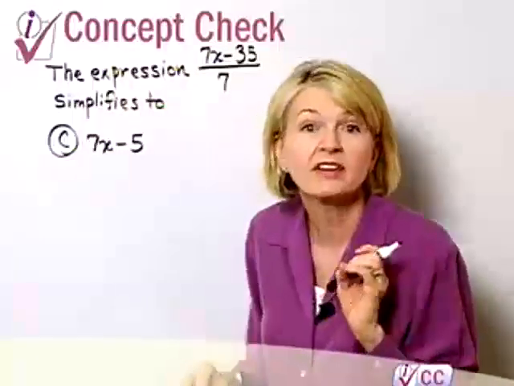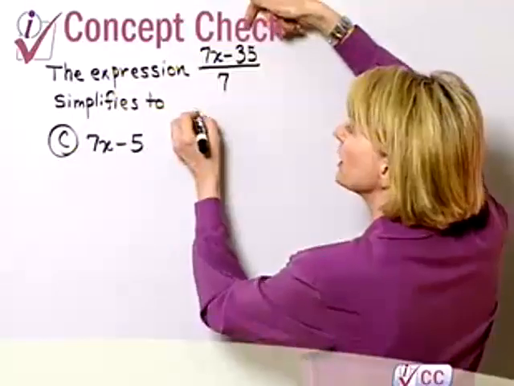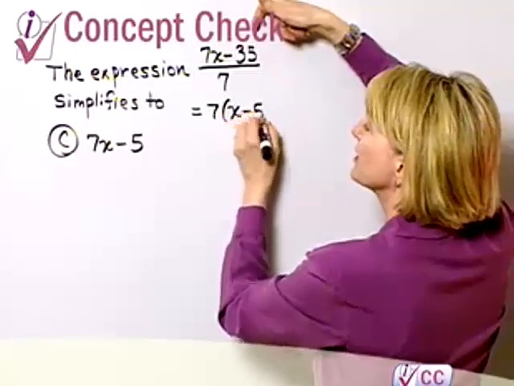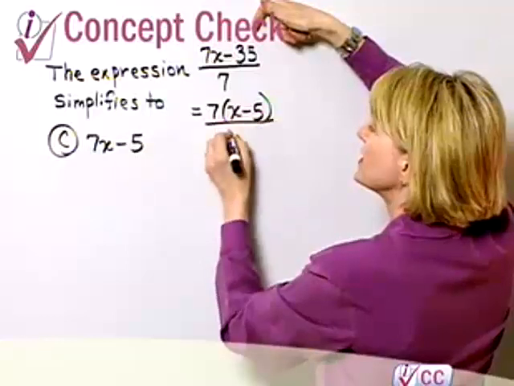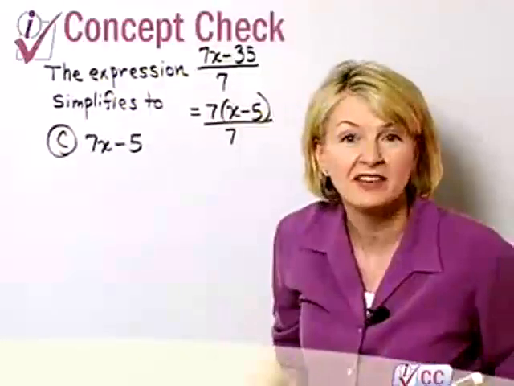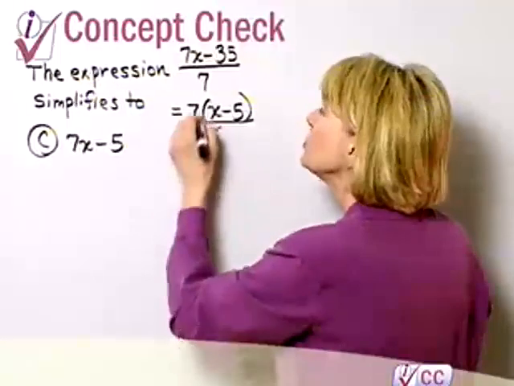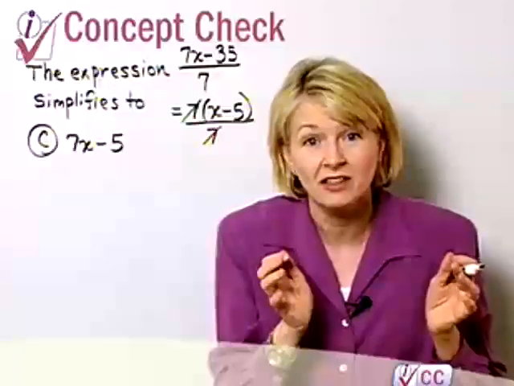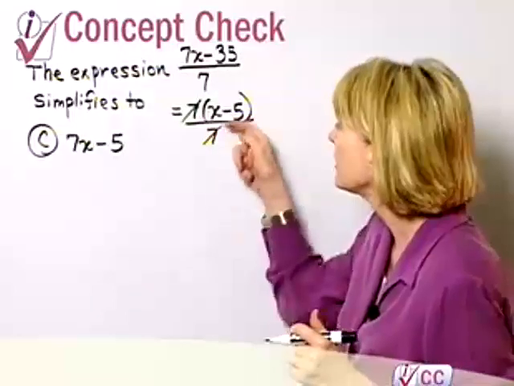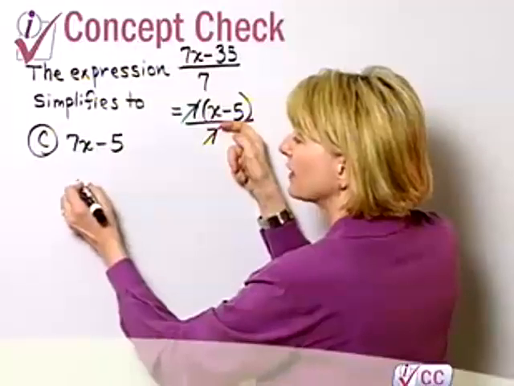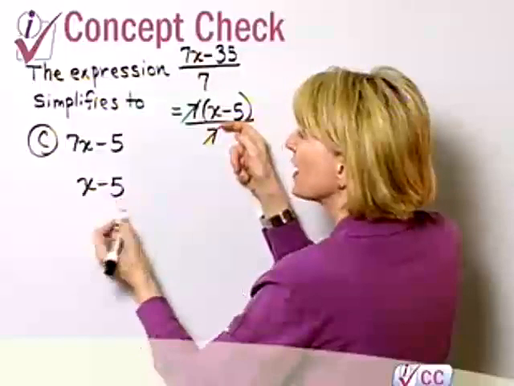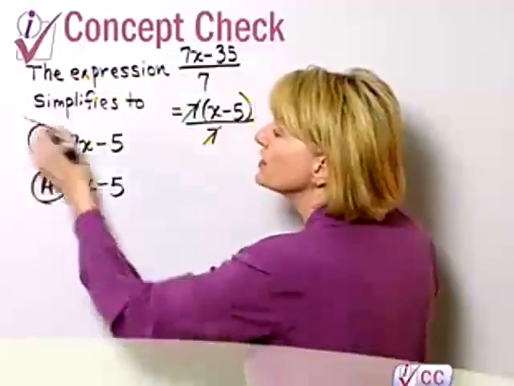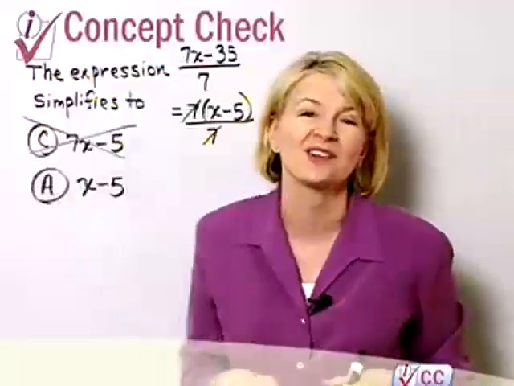Remember to first factor. So in the numerator, notice there's a common factor of 7. And in the denominator, I do have a 7. Then the 7s do divide out because this is now 7 times an entire expression. So the 7s do divide out, and we have left x minus 5. This simplifies to x minus 5, which is choice A. A is the correct choice.